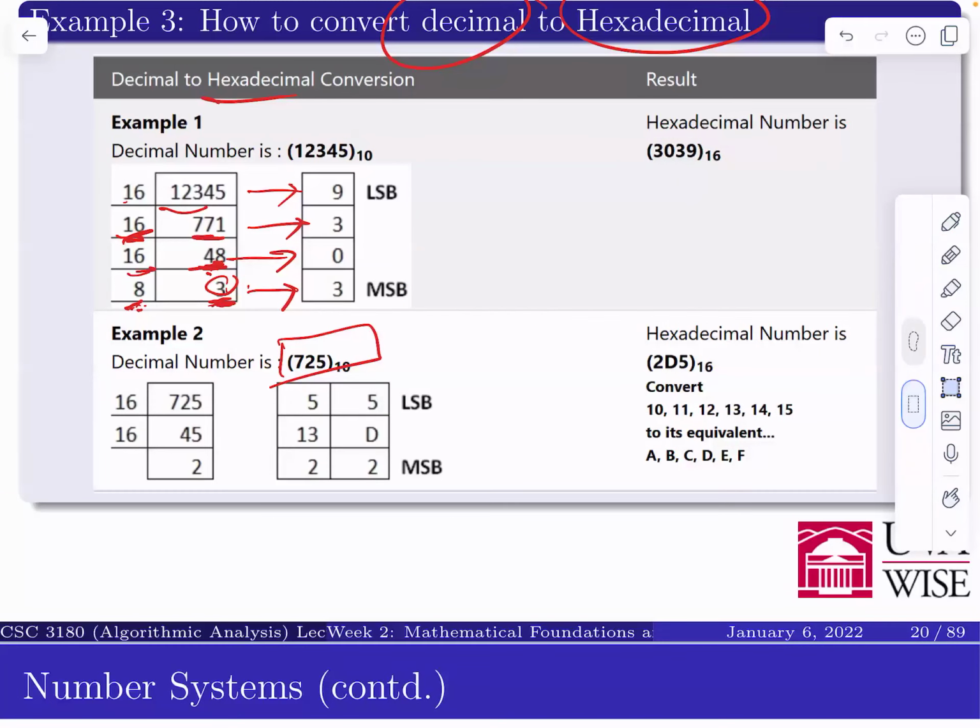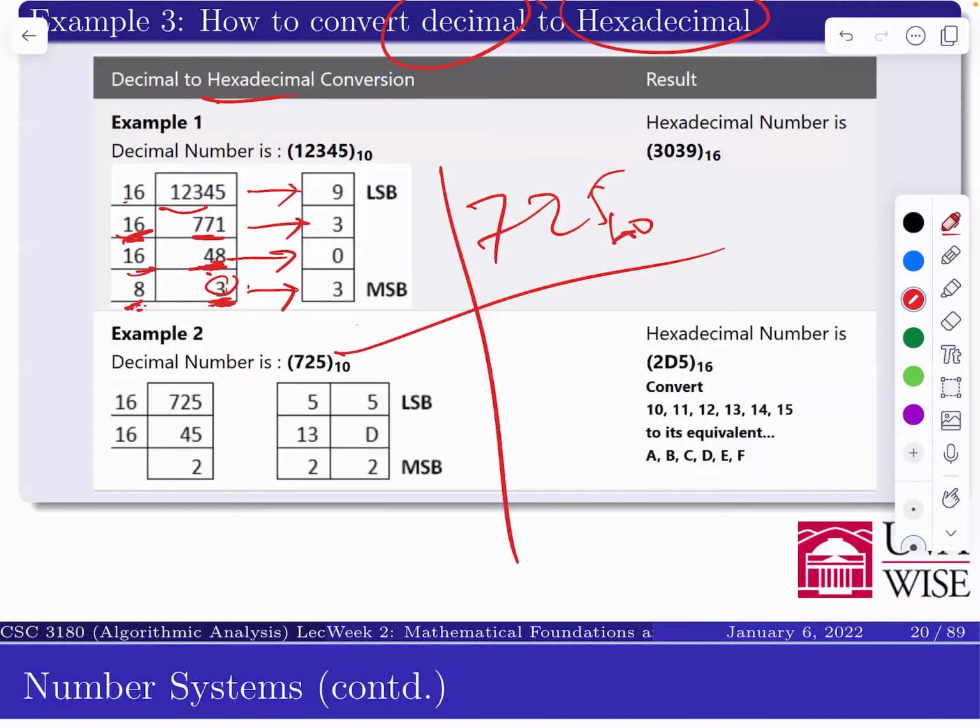Okay, so now when you want to convert 725, which is denary, to base 16, you divide that number 725 by 16, that will give you 45, and the remainder.